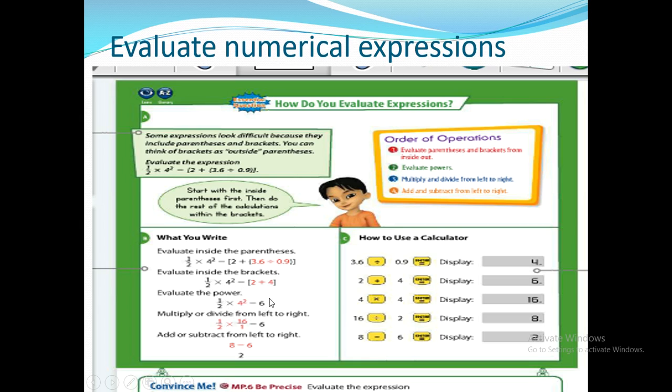Now after the grouping symbols, we have the exponents or the power. 4 power 2 equals 16. Now we have multiply and subtract, but multiply first. 16 times half equals 8. Finally we have subtraction. 8 minus 6 equals 2.